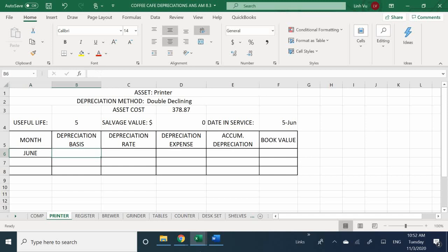What's my depreciation basis? 378.87. Good. What's the rate going to be?